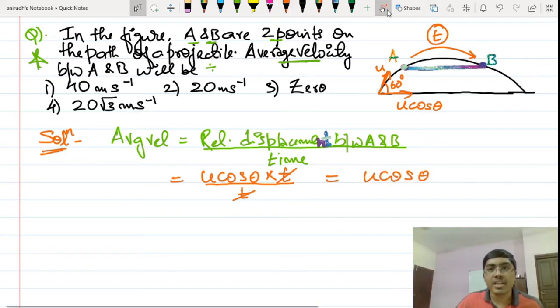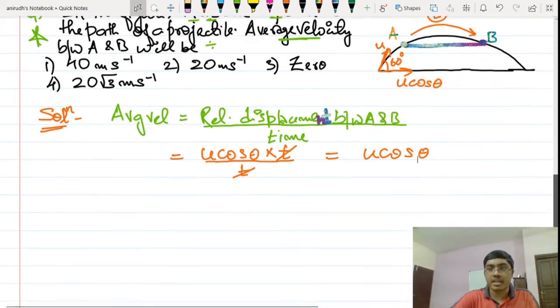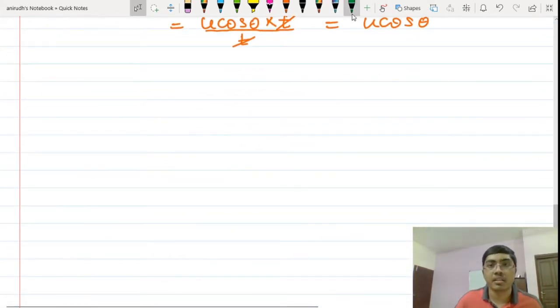So what did we infer from this? We have inferred a very important specific relation, and let me write that particular important relation right here.